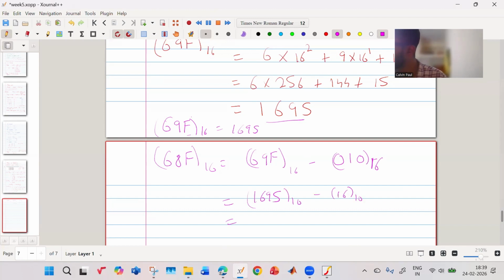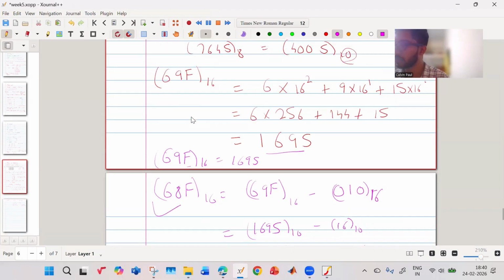When you do 1695 minus 16, it comes out to be 1679. So this is the number. So for the first case, it is 68F. This is the number you need. This is the correct option.